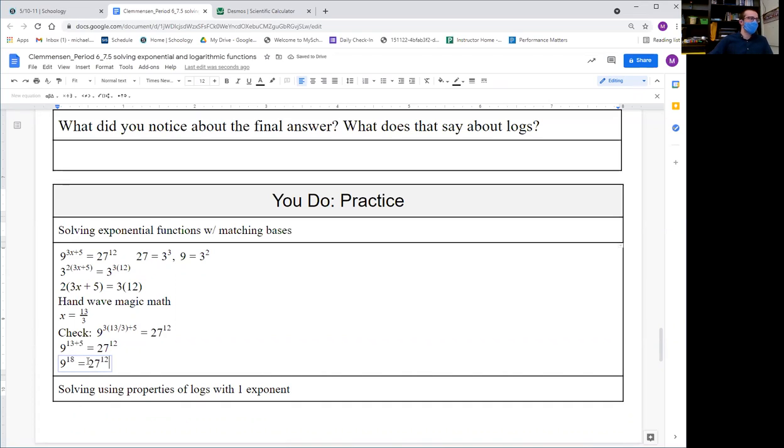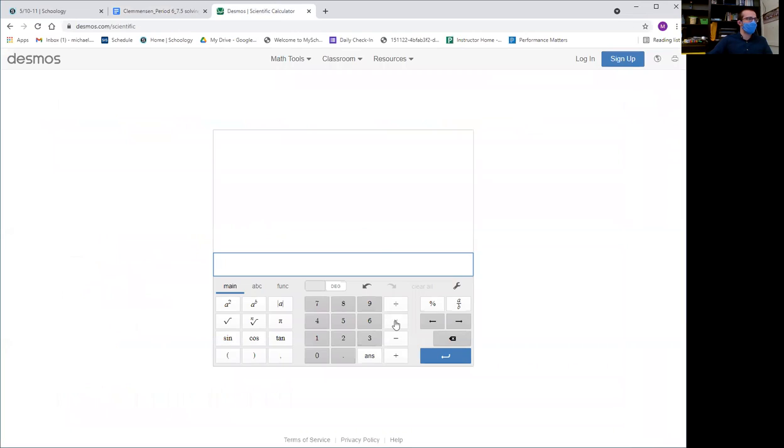Now it's hard to tell if these are actually the same thing. I could do something similar to what I did up here and change these both into 3s and see if the exponents match. Or I could just plug it into my calculator. Right, so I have my two numbers. Let's see if those two sides are equal to each other. 9 to the power of 18 is equal to that number, and 27 to the power of 12 is equal to the same giant number.